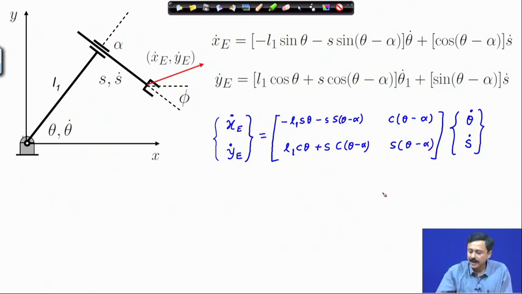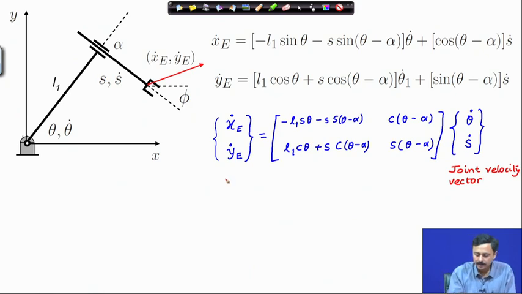So, the right hand side I have written as a product of a matrix times the vector. Now, this vector is nothing but the joint velocity vector and on the left hand side I have the end effector velocity vector.